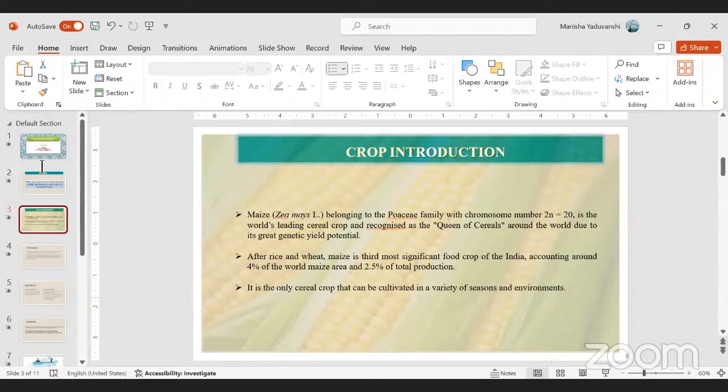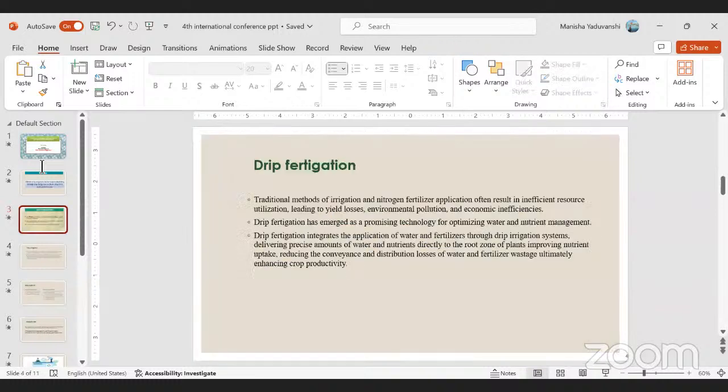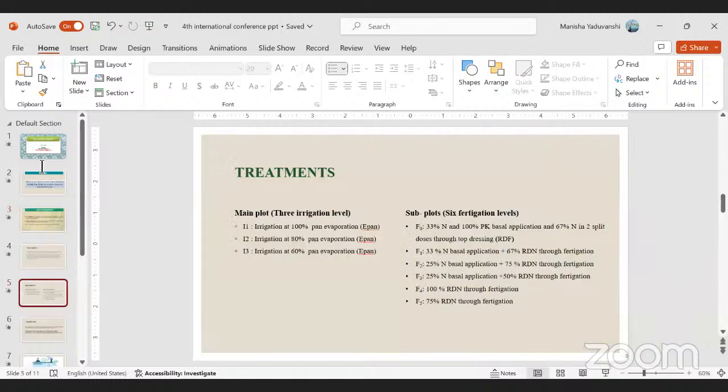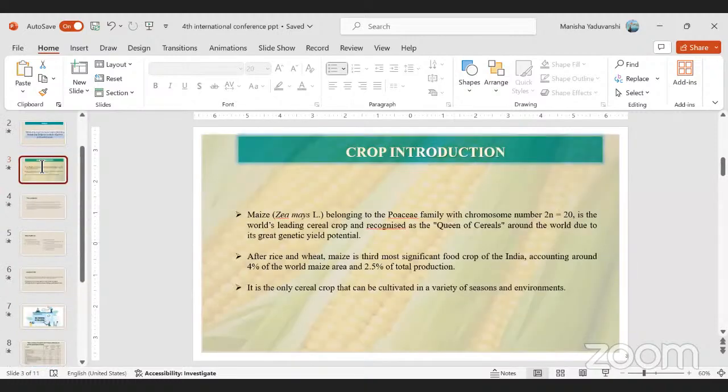The key findings of my study: plant height of 195.2 centimeter was highest, recorded from the treatment with 100% pan evaporation irrigation level, which was significantly superior to the 80% pan evaporation level.